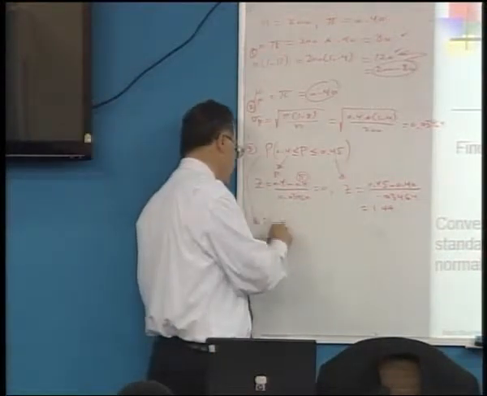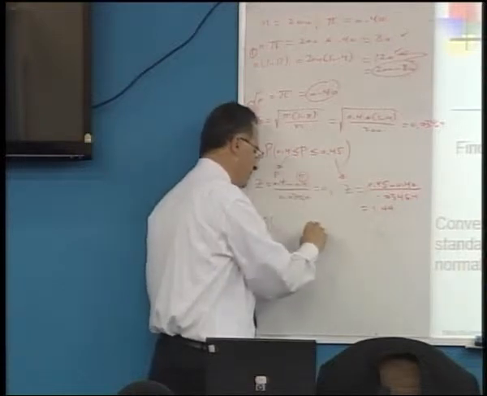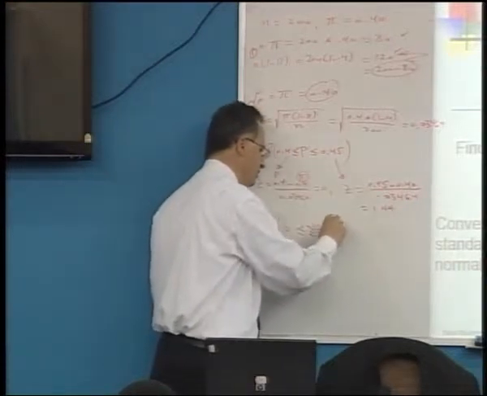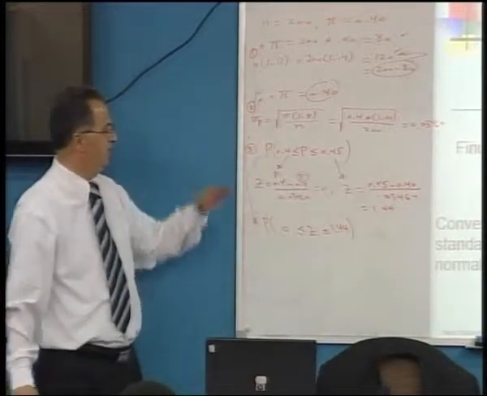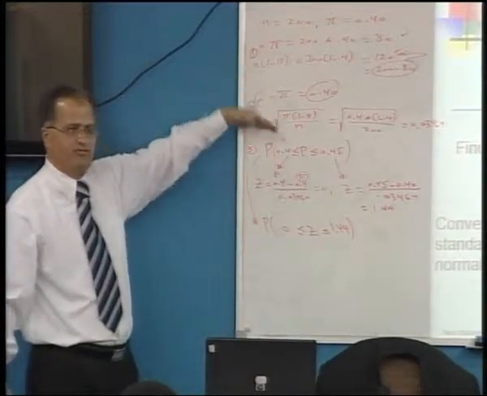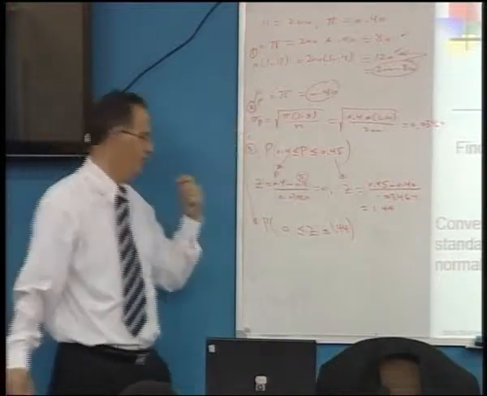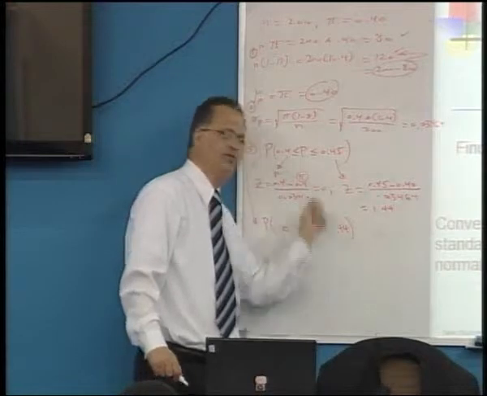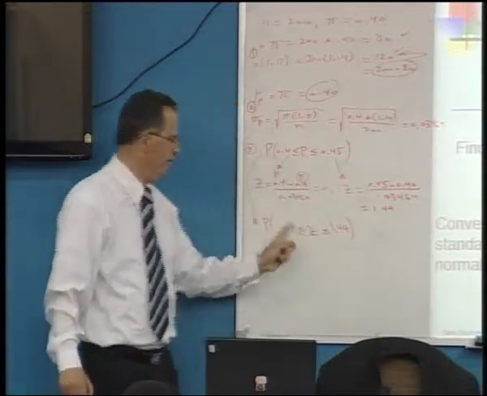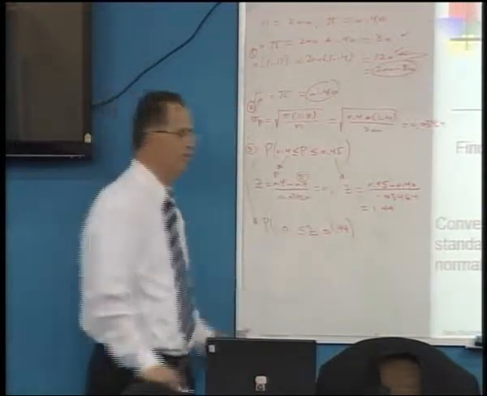So instead of p, we have Z between 0 and 1.44. That's all for using chapter 7. Now, to complete your answer, you have to use chapter 6. Now, Z is between 0 and 1.44.